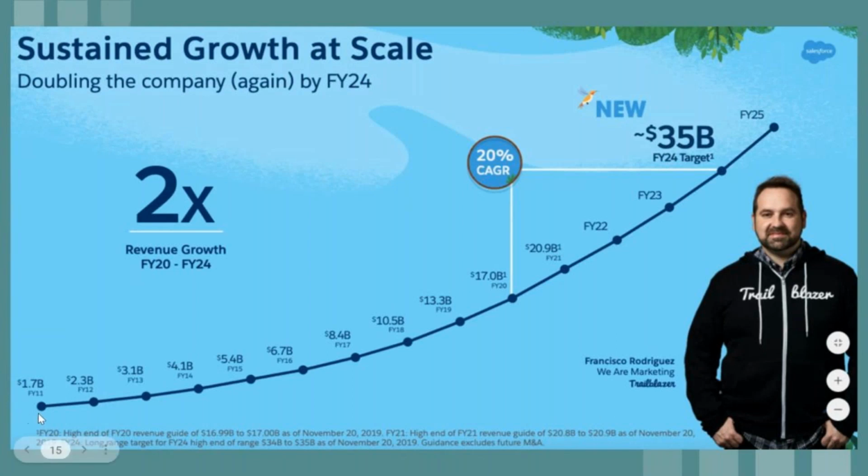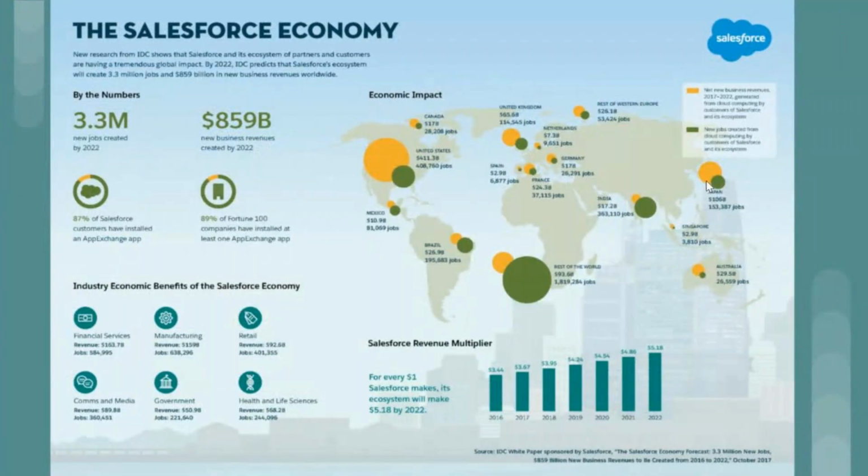But if you see the growth of Salesforce from 2011 till now, Salesforce is somewhere around a $19 billion company as of now. They are targeting to become a $35 billion company. Very worst case, they'll reach a $30 billion company, which means the technology that I'm working on is growing, which also means that it will increase the number of opportunities in the market, because this was released by Salesforce last year.